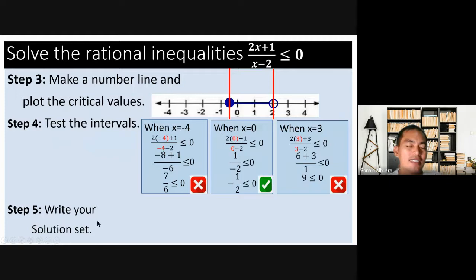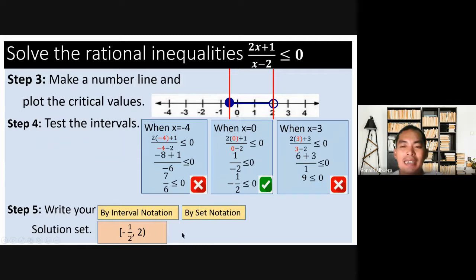Your next step is to make a solution set by using interval notation. Sa interval nito ay napakadali. It's close bracket, that's close, half close from 0 to 2. Okay? From, no, not 0, but negative 1 half. Okay, so bracket, negative 1 half, to 2, meaning this is half closed from negative 1 half to 2.